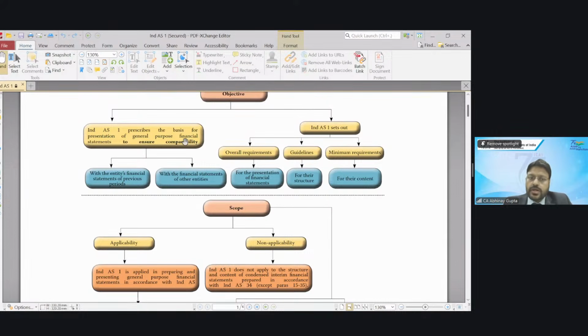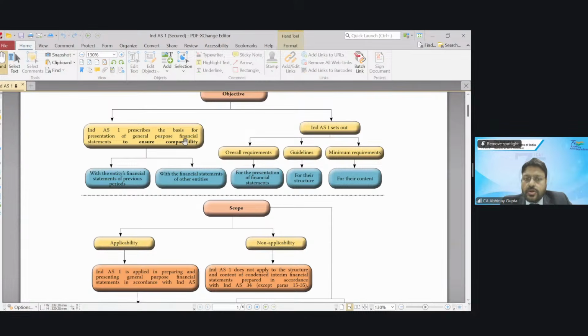It ensures comparability among different periods for the same entity, and also, because many entities are now preparing financials under the Ind AS, we can compare the financial performance of one entity vis-a-vis another entity who is also preparing and presenting its financials under the Ind AS, right?